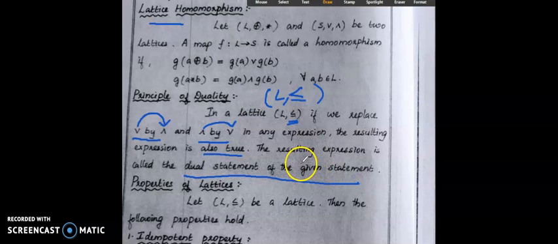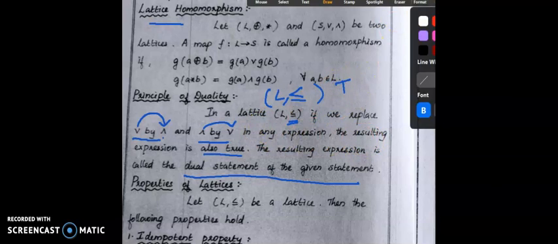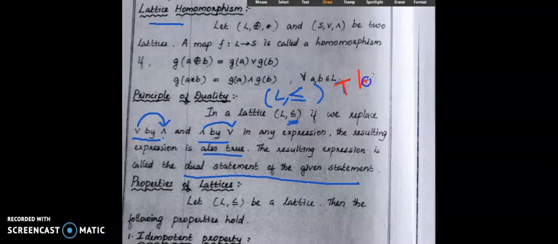You can also replace true by false and false by true. So that is called the duality principle, and the resulting expression is called the dual of the given statement. So that is duality.